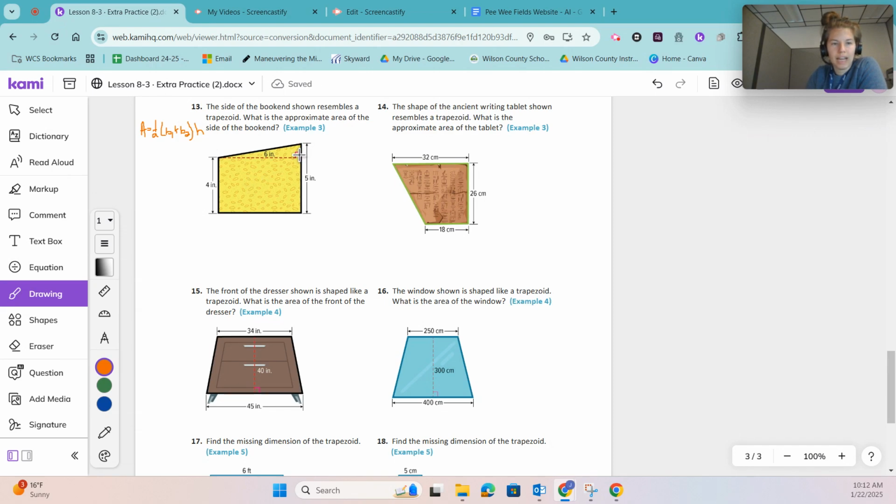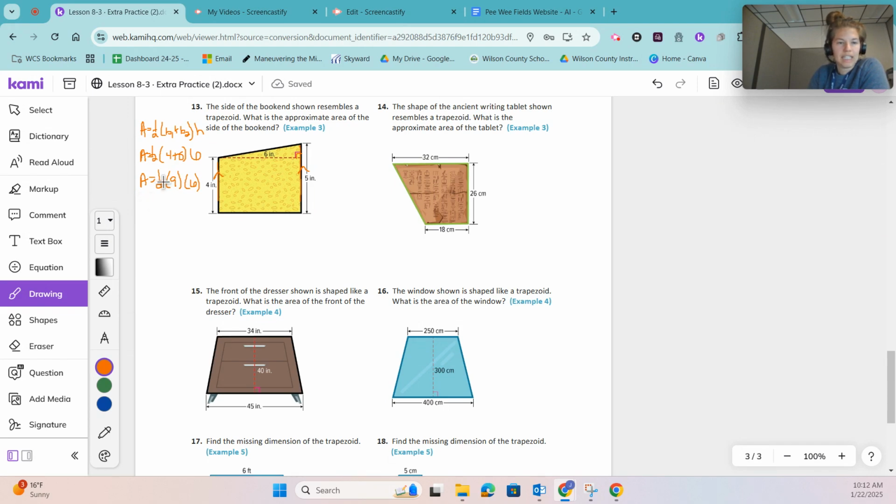Okay, so we have, this one looks kind of sideways, but again, my parallel sides are my bases. So I have 1/2 4 plus 5 times the height. Height again is perpendicular to those bases, so that's going to be 6. Okay, so I have area equals 1/2 9 times 6.